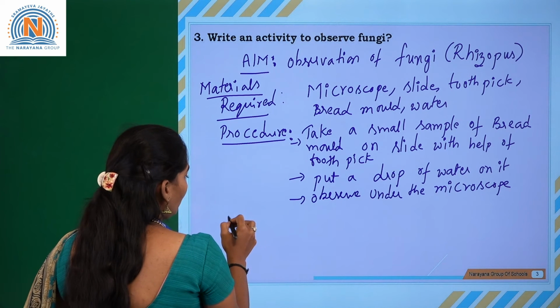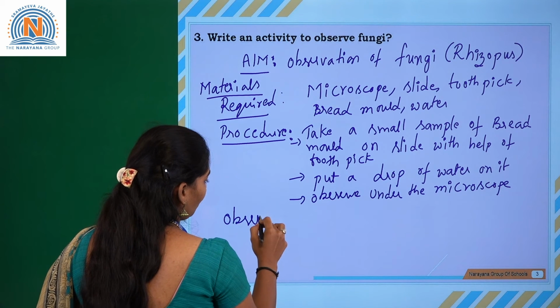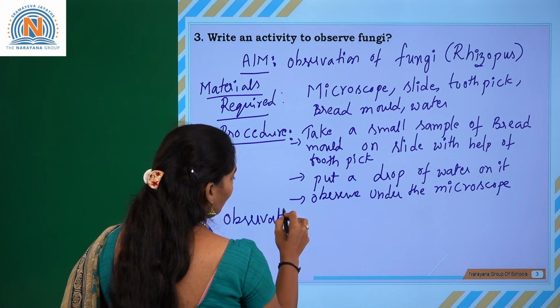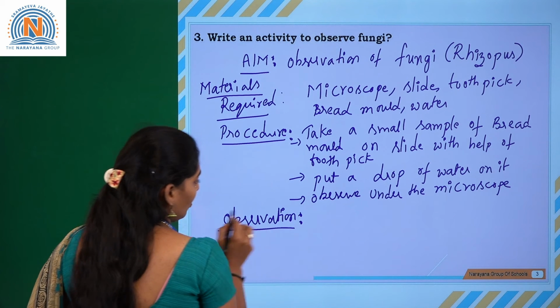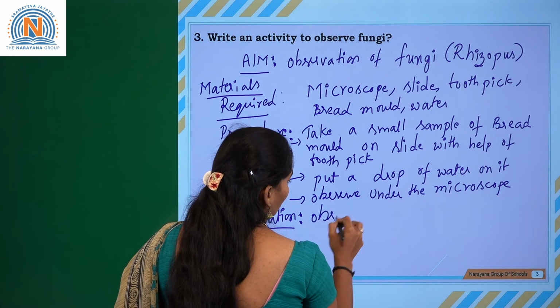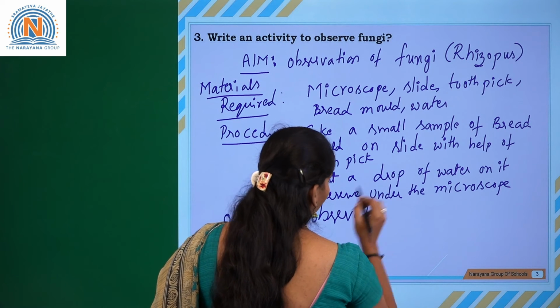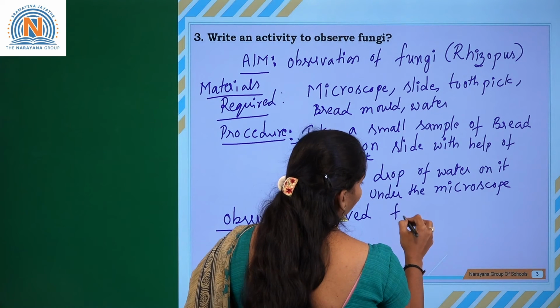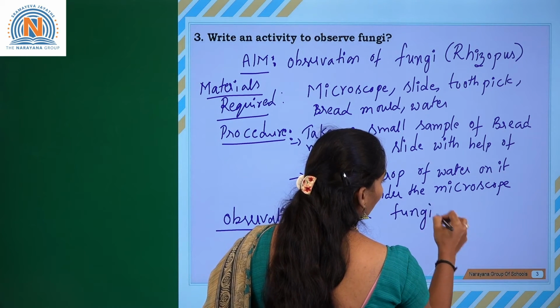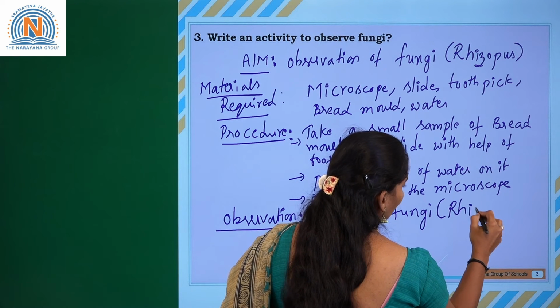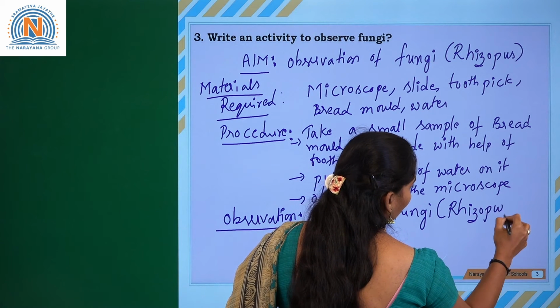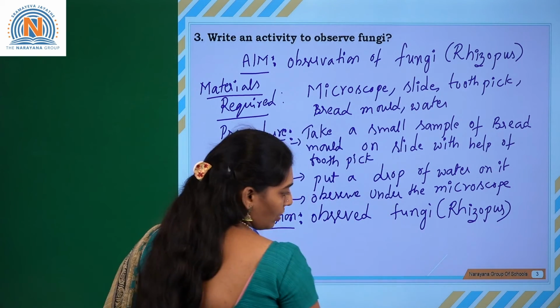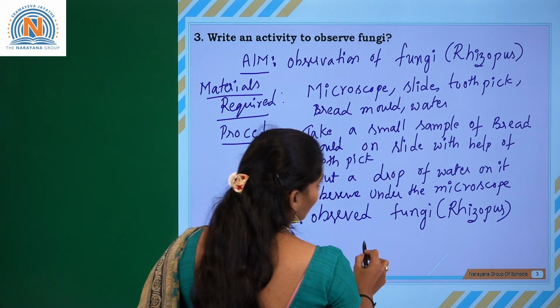Okay. So what is your observation? Observation, a simple line as we can write: observed fungi or rhizopus. Okay. So let us draw a diagram here.